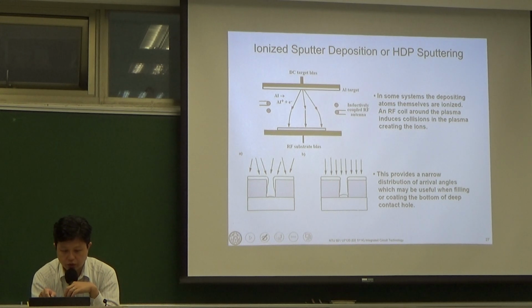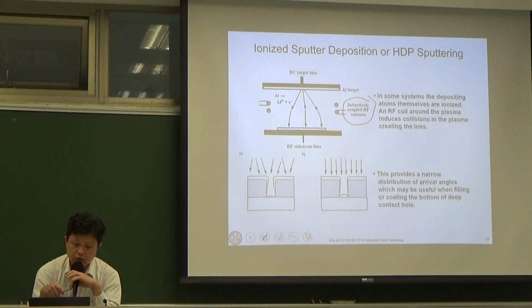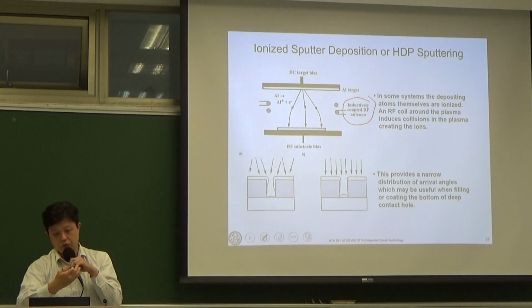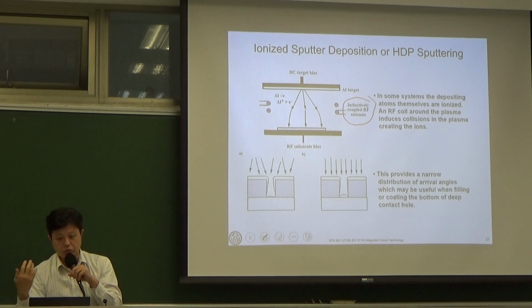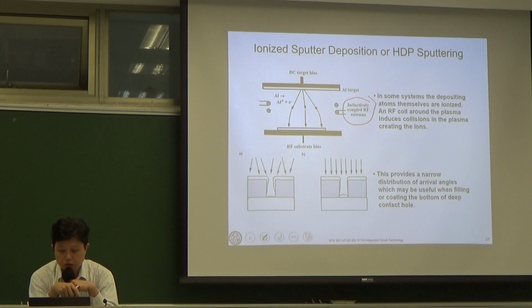This figure shows you that we have another inductively coupled RF antenna, which is on the side wall of your chamber. This inductively coupled plasma can help you to generate more ions.